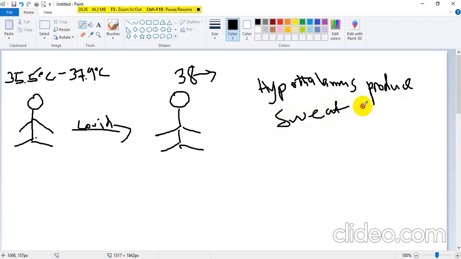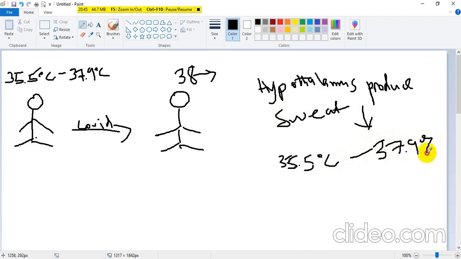Cooling. So the cooling effect will reduce the temperature back to normal. So restoring the temperature back to normal. When we produce more sweat, we reduce the temperature.